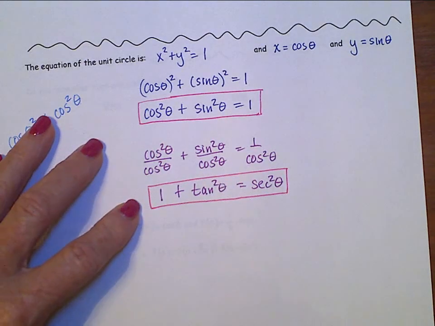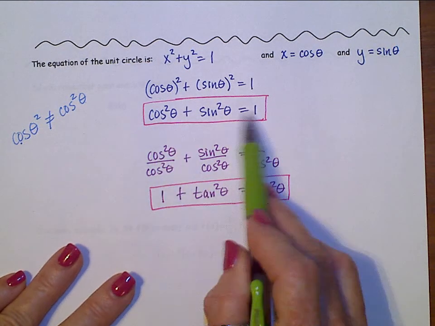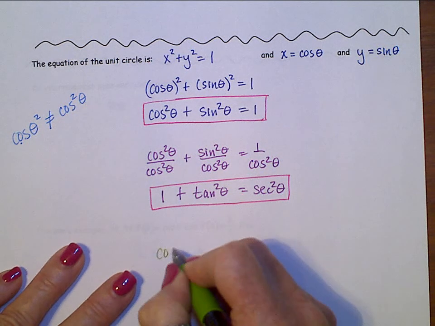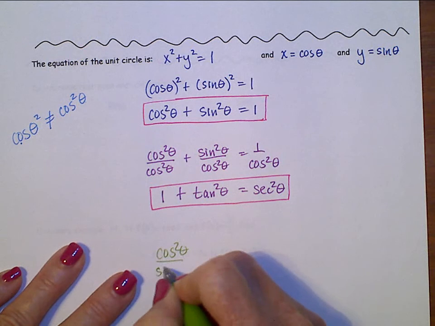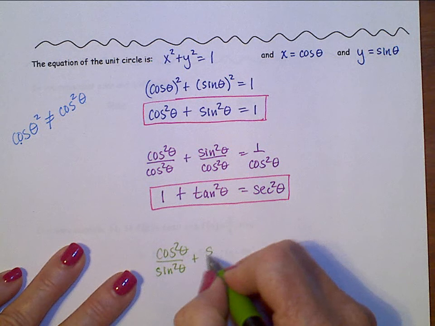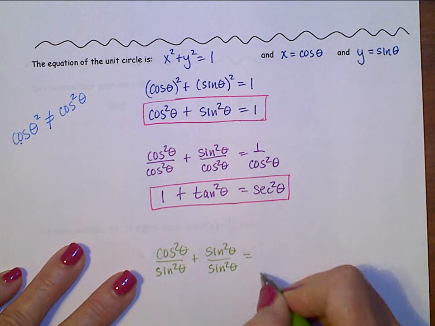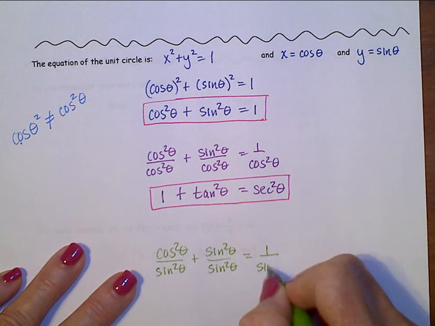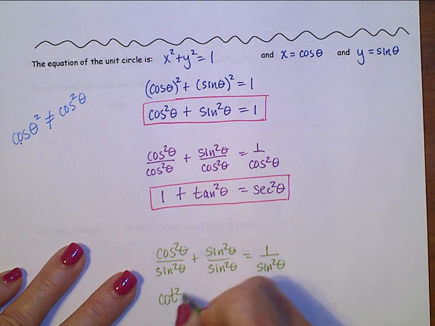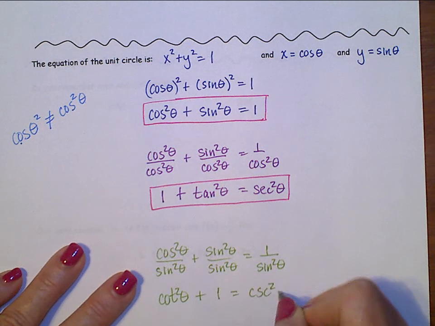One more variation, going back to this original identity here. Instead of dividing every term by cosine squared, let's divide by sine squared. So we'll have cosine squared theta divided by sine squared theta plus sine squared theta divided by sine squared theta equals 1 divided by sine squared theta, which will give us cotangent squared theta plus 1 equals cosecant squared theta.